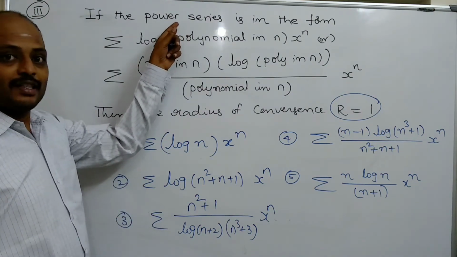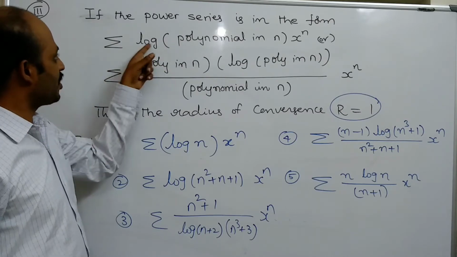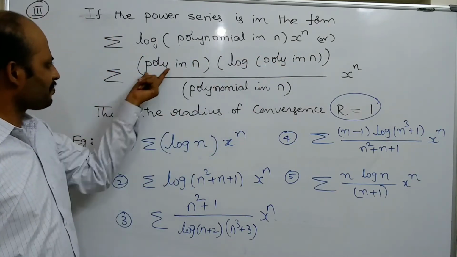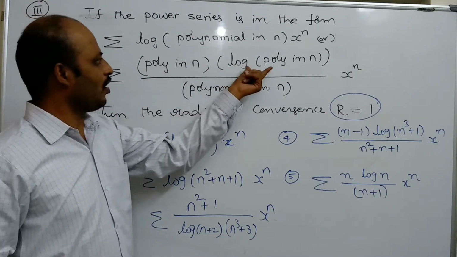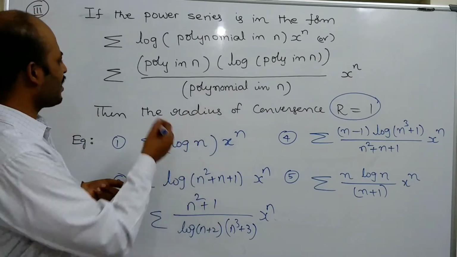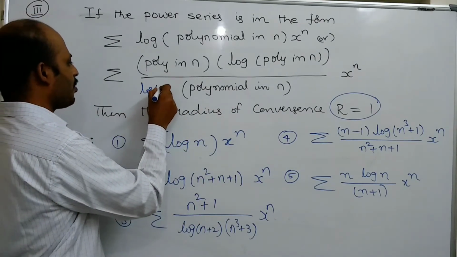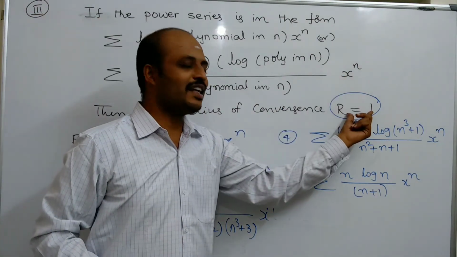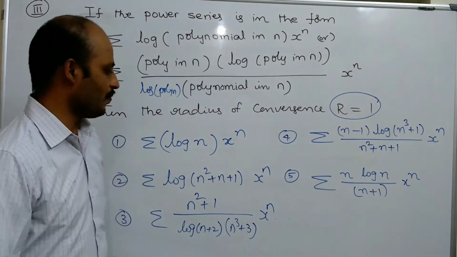You can write here also log of polynomial in n, then into x power n, then the radius of convergence is again equivalent to 1.